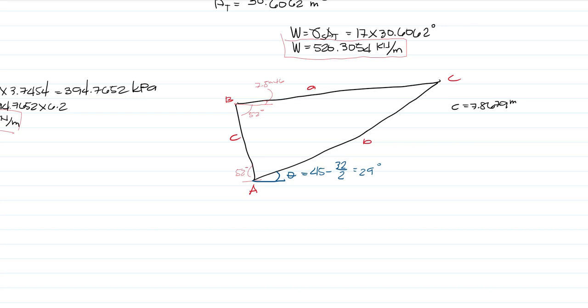So, ngayon ang mag-iiba dito yung angle A and angle C. So, we get angle A by 180 minus 52 minus 29. So, it will be a value 99 degrees. Then, angle C will be a value 180 minus 99 minus 7.5946 minus 52 degrees.